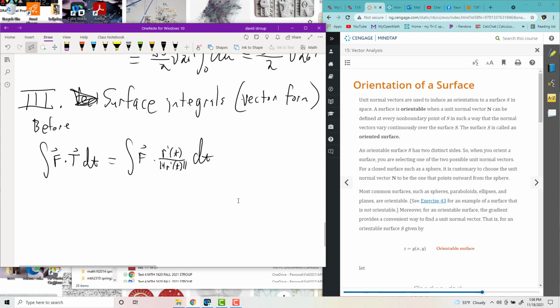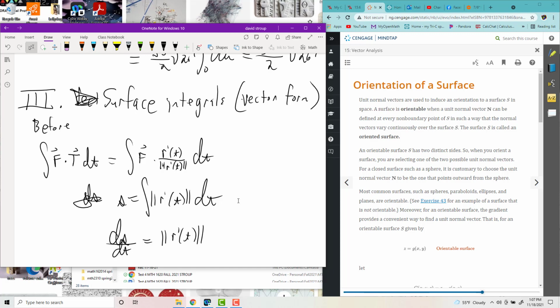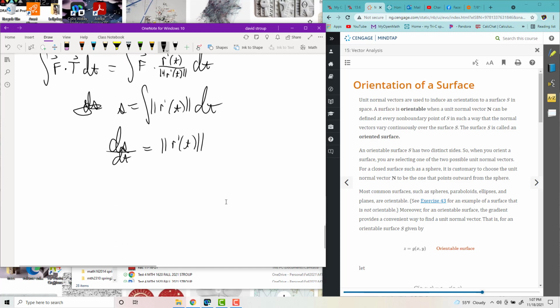Then we were able to do some fancy footwork and rewrite it, noting that ds, if you think about the arc length, s equals the integral of the magnitude of r'(t) dt, then we could take the derivative of that with respect to t, and you just get the magnitude of r'(t). So ds would then be the magnitude of r'(t) dt, and so I'm missing something.